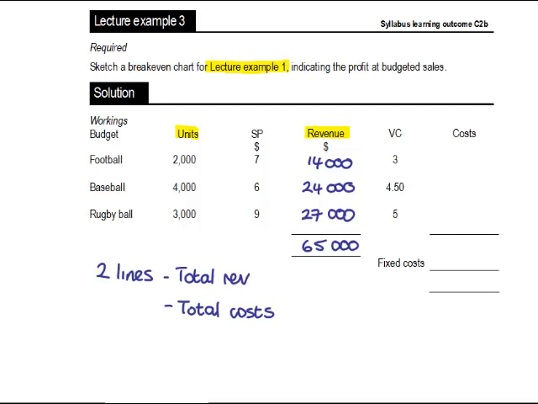So it makes sense to use 0. So when we don't sell anything, we won't get any revenue, and the budgeted amount of 9,000 units. And when we sell 9,000 units, we're going to get a total revenue of $65,000. So let's put that line onto the break-even chart.